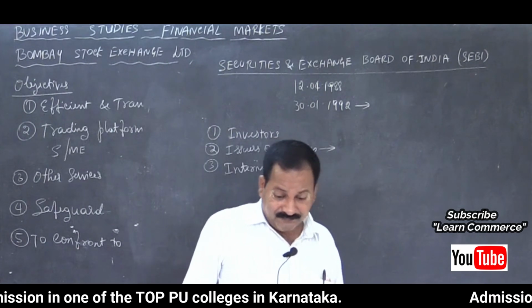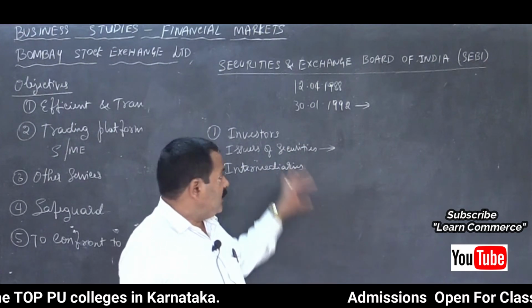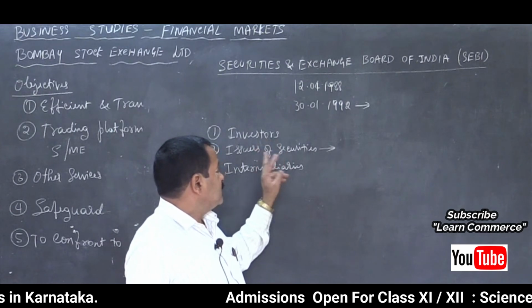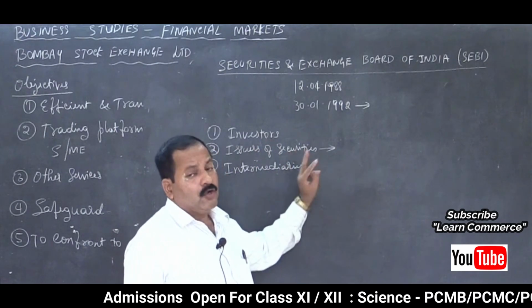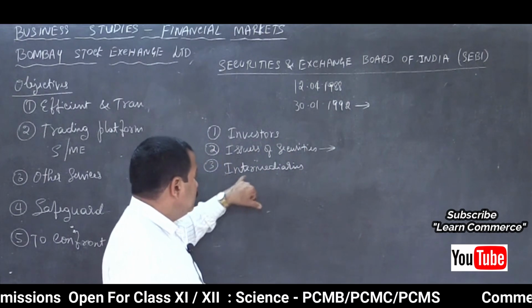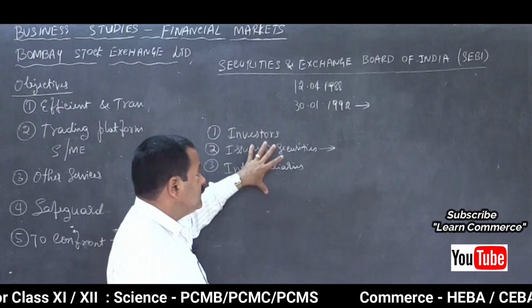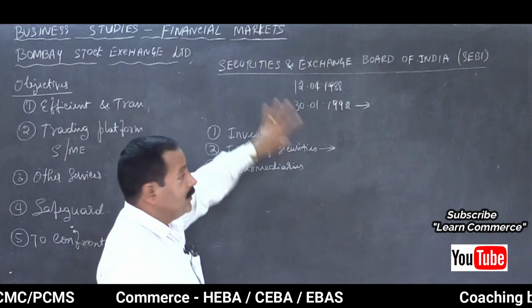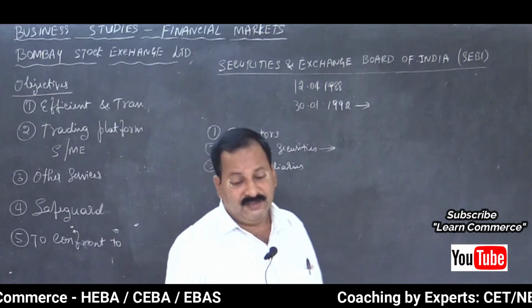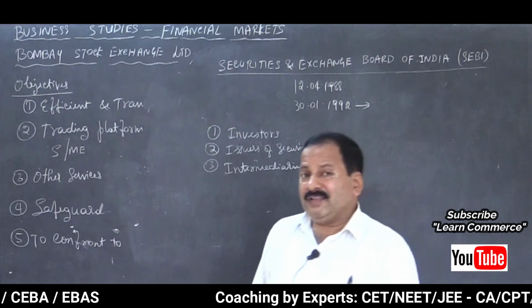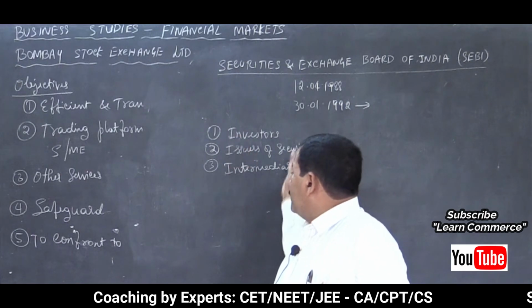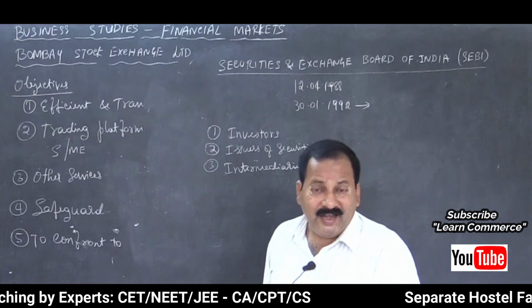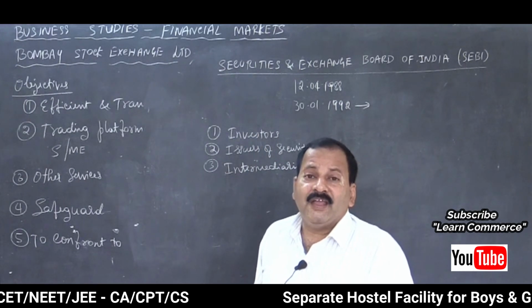So meeting the needs of three groups, that is investors, issuers of securities, that is companies or corporate entities, and the intermediaries is the main purpose of the Securities and Exchange Board of India. The interest of all three groups should be protected and risk should be avoided.